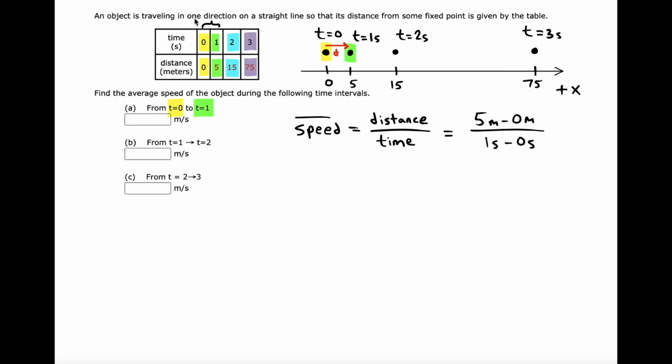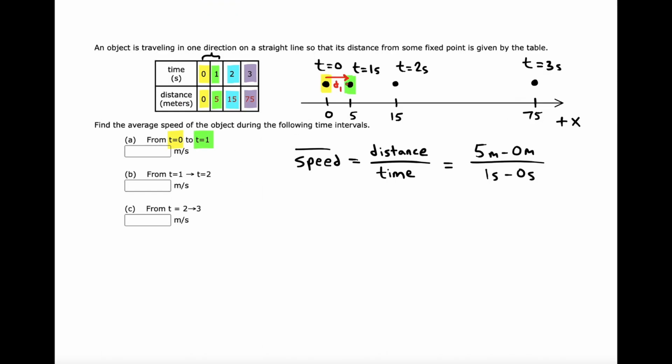It does say that the object is traveling in one direction only. That is critical for this kind of problem. Our distance between the points is the distance traveled because the object does not do something like this.